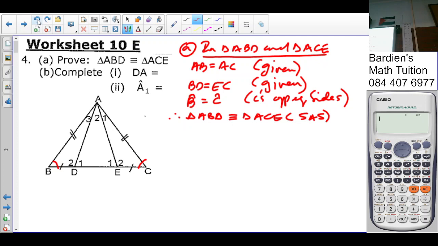Okay, so let's look at B. B is complete. So DA is equal to AE. Why? Because triangle ABD is congruent to triangle ACE. Okay.